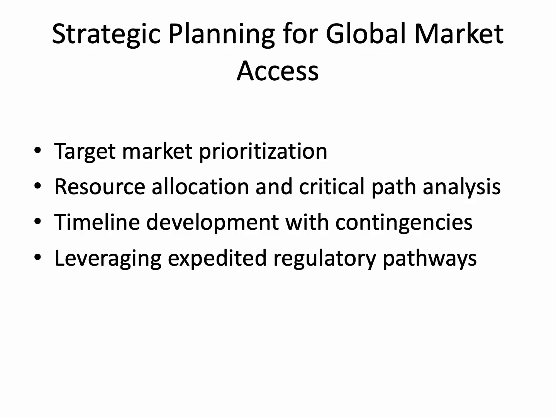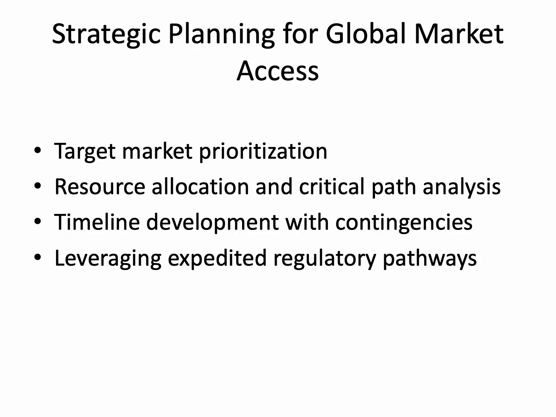Developing a comprehensive global market access strategy requires prioritizing target regions based on market size, reimbursement potential, and regulatory complexity. Resource allocation should consider regulatory, clinical, quality, and operational capacities, and timelines should be developed with critical path analysis to identify potential bottlenecks.